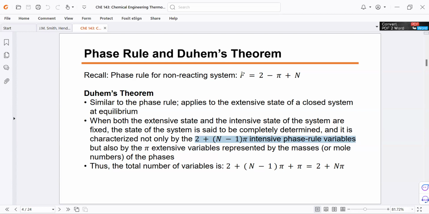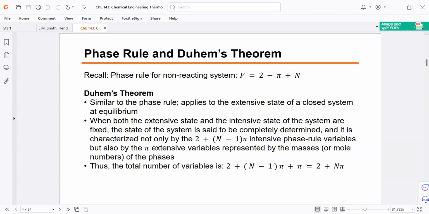The phase rule is derived from the intensive variables. But according to Duhem's theorem, we also have to consider the number of phases, extensive variables represented by the masses or mole numbers of the phases.